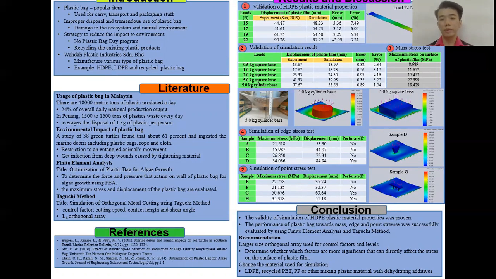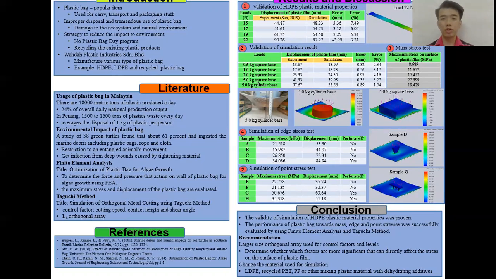And sample D was perforated because the maximum stress on the plastic film exceeded the tensile strength of the HDPE plastic, which is 28.4 megapascal, while samples A, B, and C were not perforated. And we can notice that when the mass of the load increases, the stress acting on the surface of the plastic film also increases.